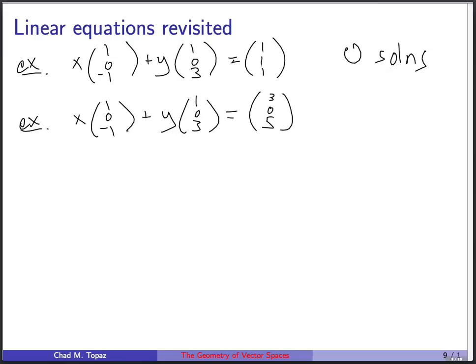Next example, x times 1, 0, minus 1 plus y times 1, 0, 3, so the same left-hand side, equals a new target, 3, 0, 5. In this case, we ask, is the target vector in the span of these two vectors? And the answer is definitely yes. I can come up with an example. The example is x equals 1, y equals 2.